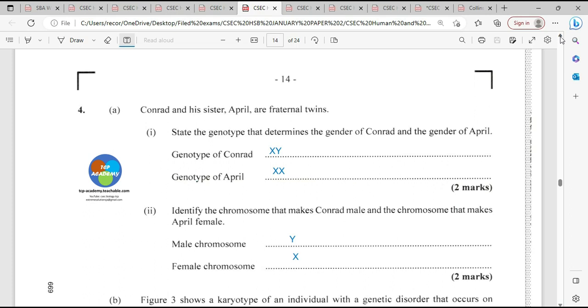So literally you would have 2 X chromosomes for a female and an X and a Y for the male. But the determining factor here is going to be whether you inherited the X from dad or whether you inherited the Y from dad. That will determine pretty much your gender.